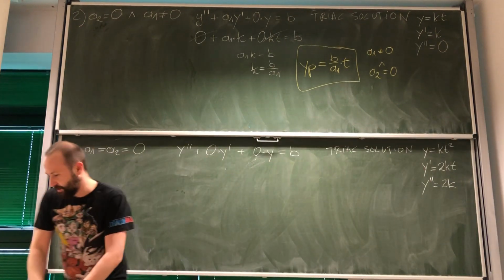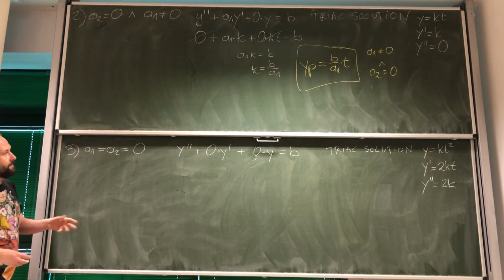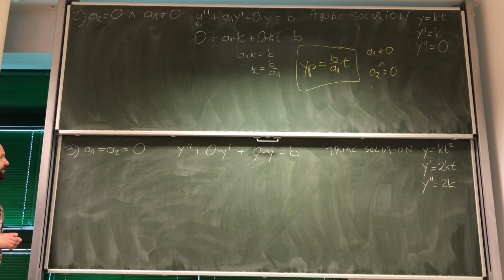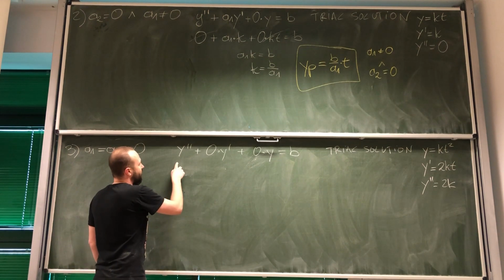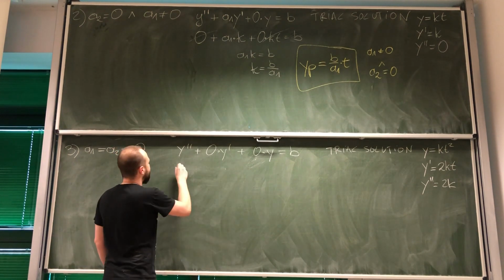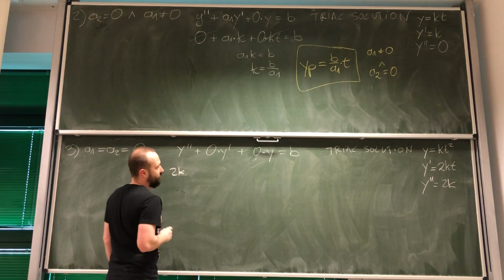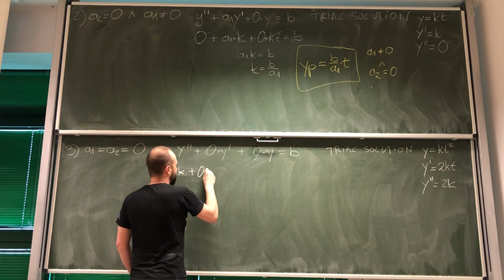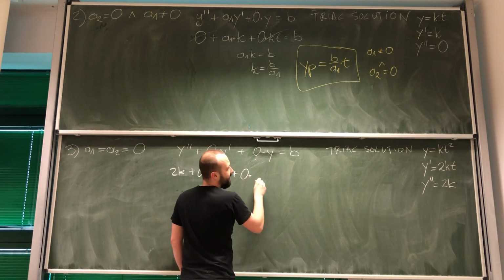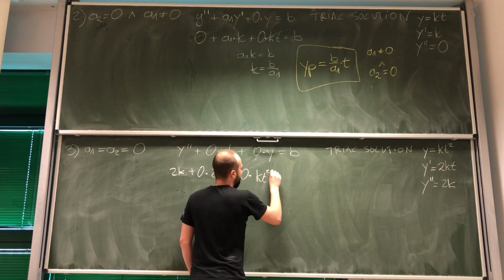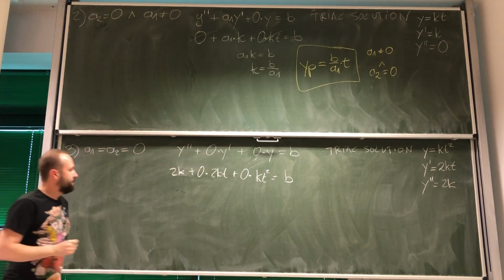So, in this circumstance, if we substitute those results, we get that this is 2k plus 0 times 2kt plus 0 times kt squared equals b.